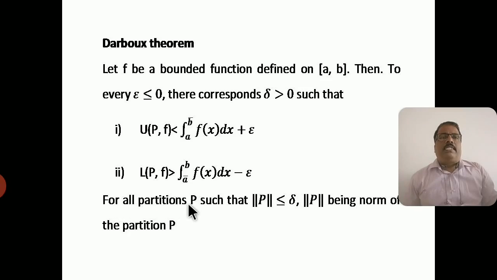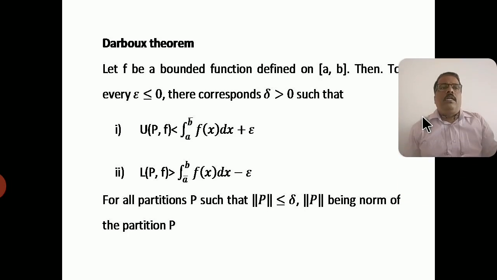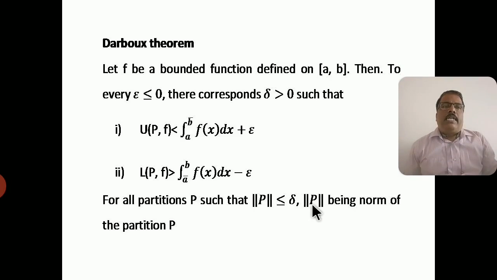This holds for all partitions P such that the norm of P is less than or equal to delta. The norm of the partition P is the greatest length of all the intervals. So this is the Darboux theorem.